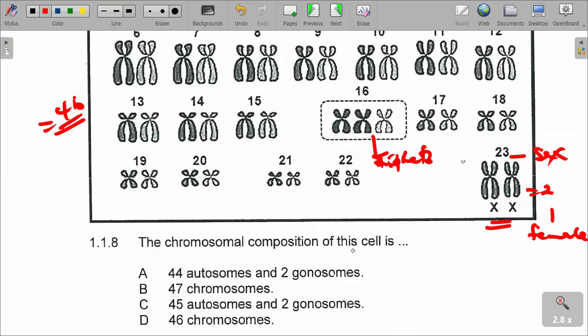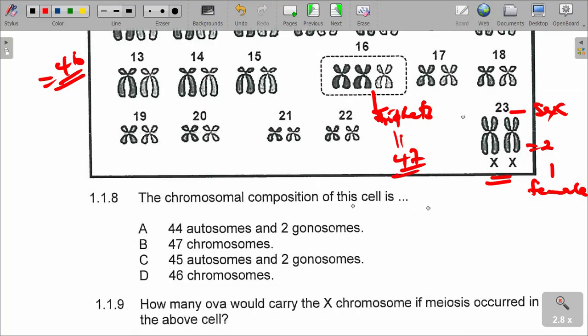So the triplet means that we have got 47. We must have 47 chromosomes. We have got an extra chromosome, which makes them 47. So number 8, it is 47 chromosomes that are in terms of this question.